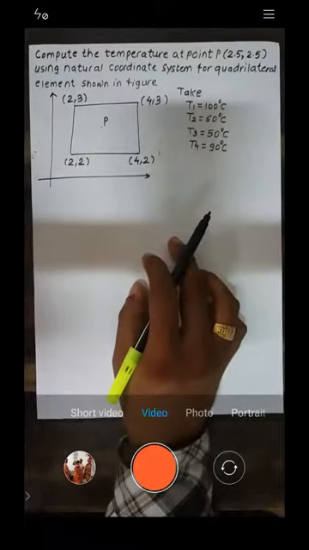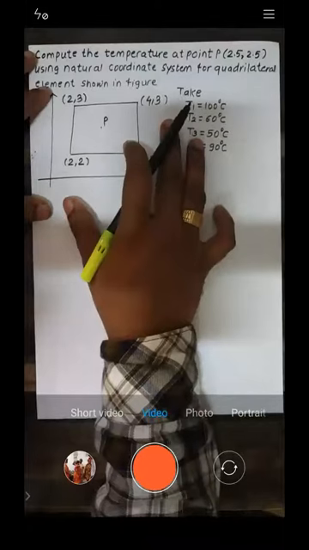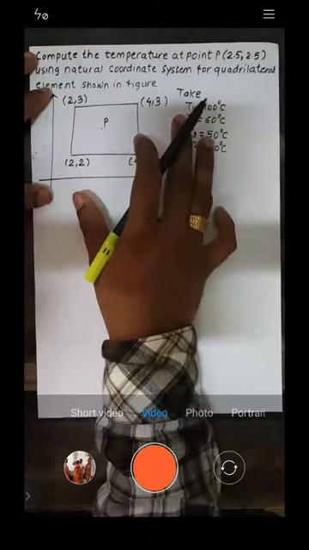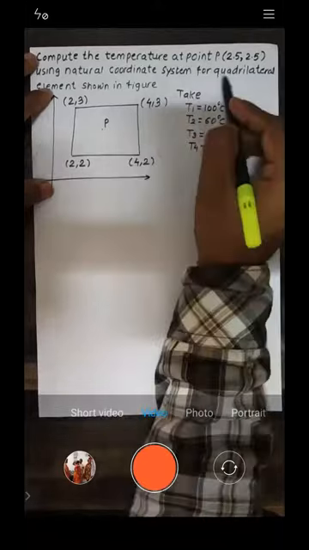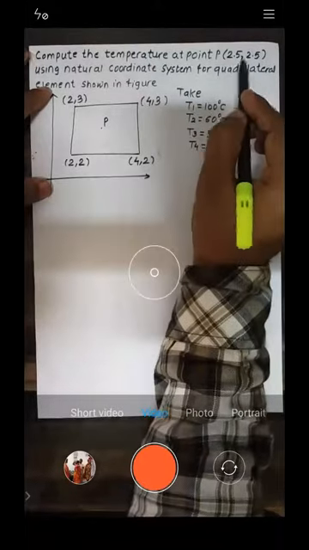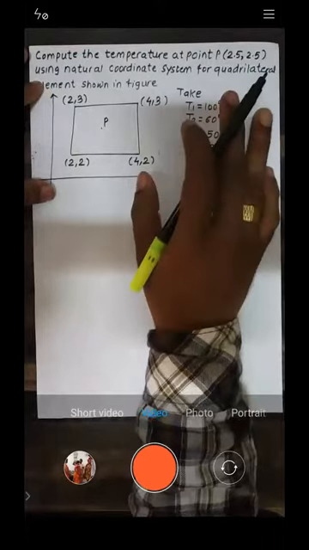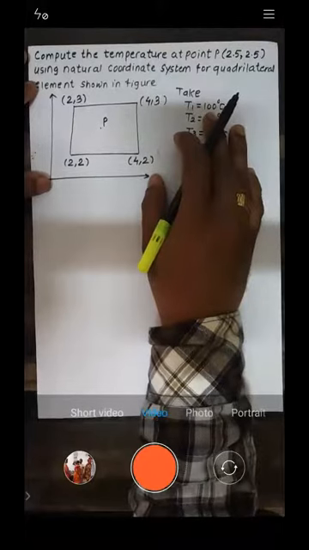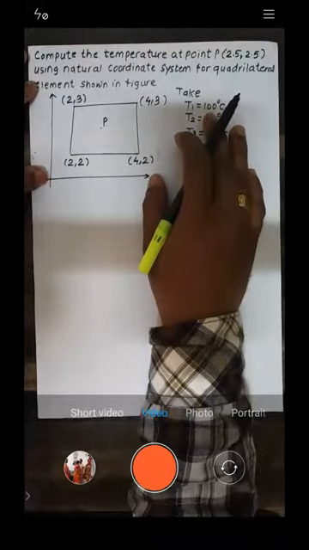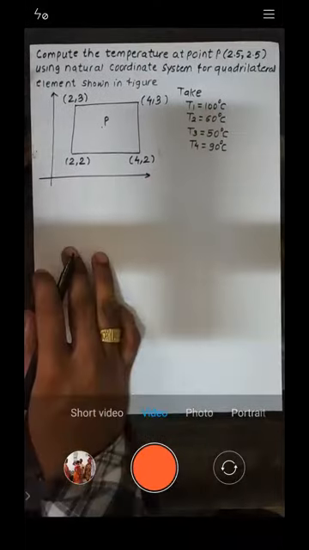Now see, if you need to solve this problem, it is basically a quadrilateral element. So a problem of the quadrilateral element, by default, you need to solve in natural coordinates. You need to calculate the shape functions in natural coordinates.